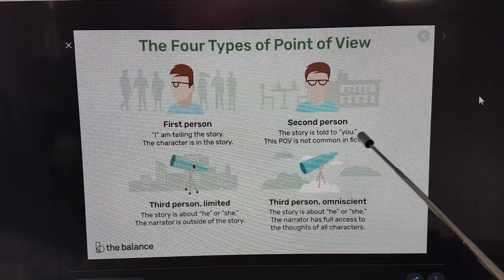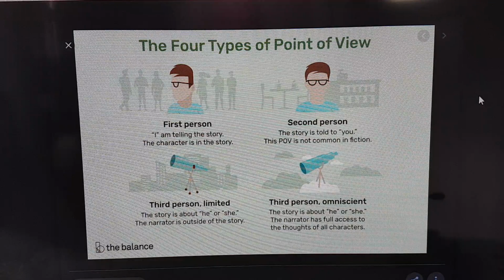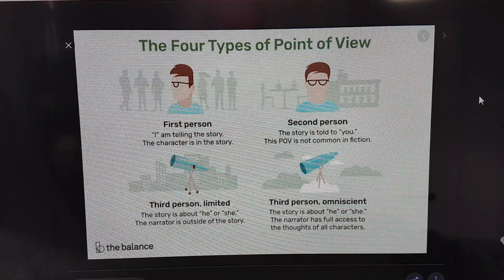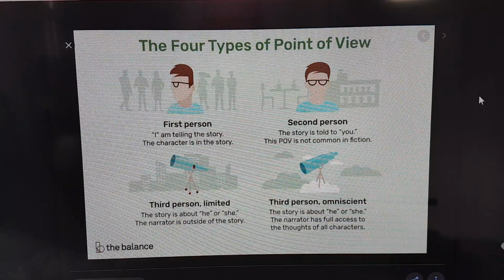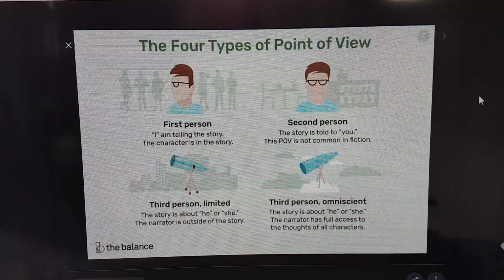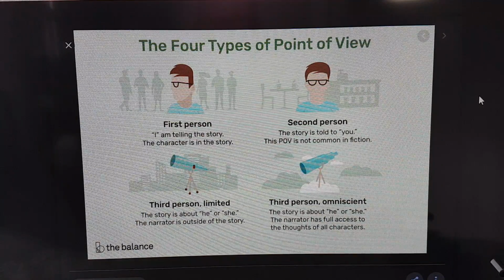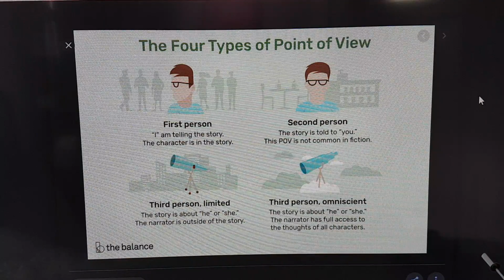Let's forget about the second person because I wouldn't even be able to give you an example of that. I wouldn't know of any story that I've ever read in my 61 years that was told from a second person perspective.